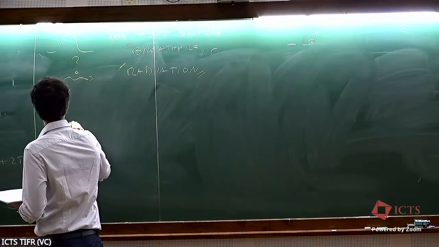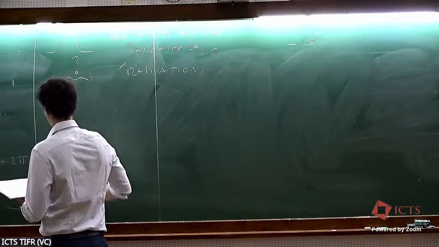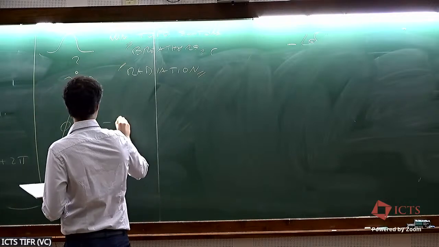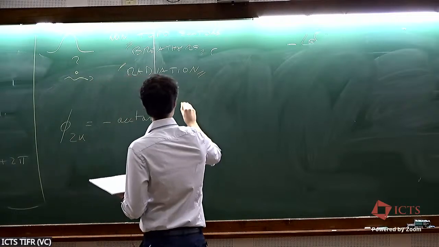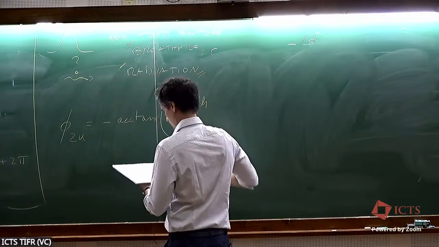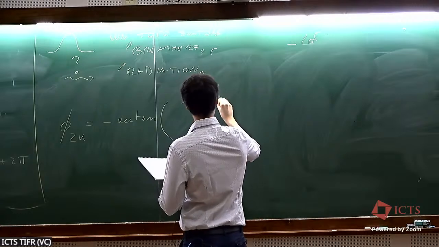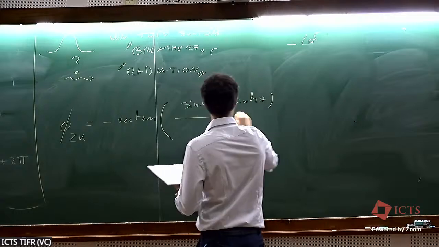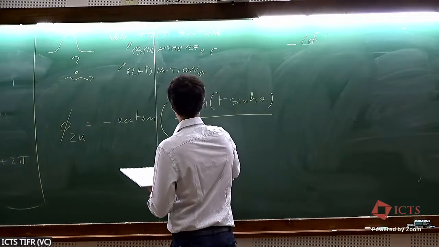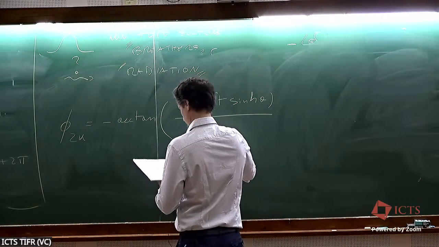So we can write down a two-kink solution in this form. This is an exact calculation. The exact form I want to write down is not really too important, okay?